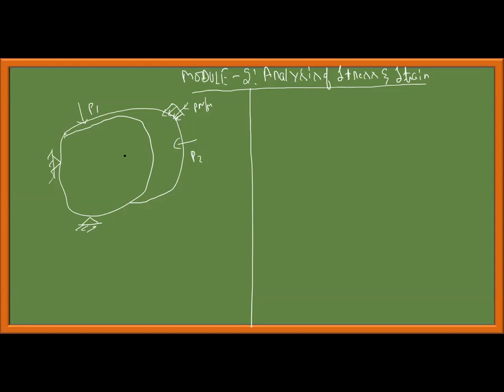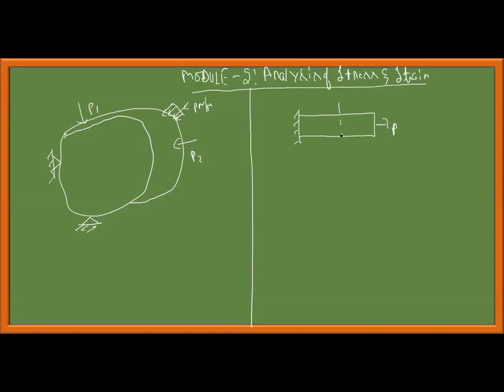Now, until now, what we have discussed is, for example, if I consider a bar like this, one side is fixed, other side it is subjected to load P like this.